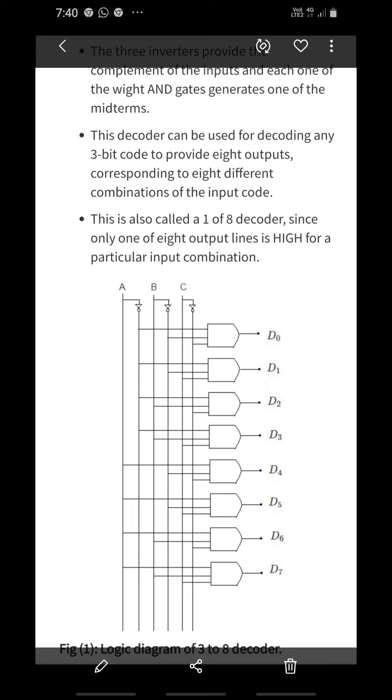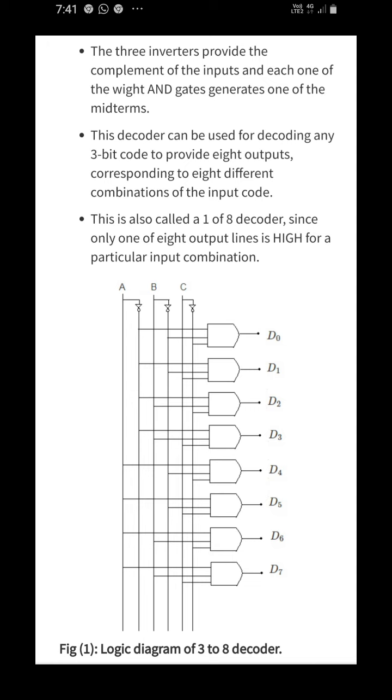This is also called a 1 of 8 decoder since only one of 8 output lines is high for a particular input combination. So the logic diagram of the 3 to 8 decoder is shown here.